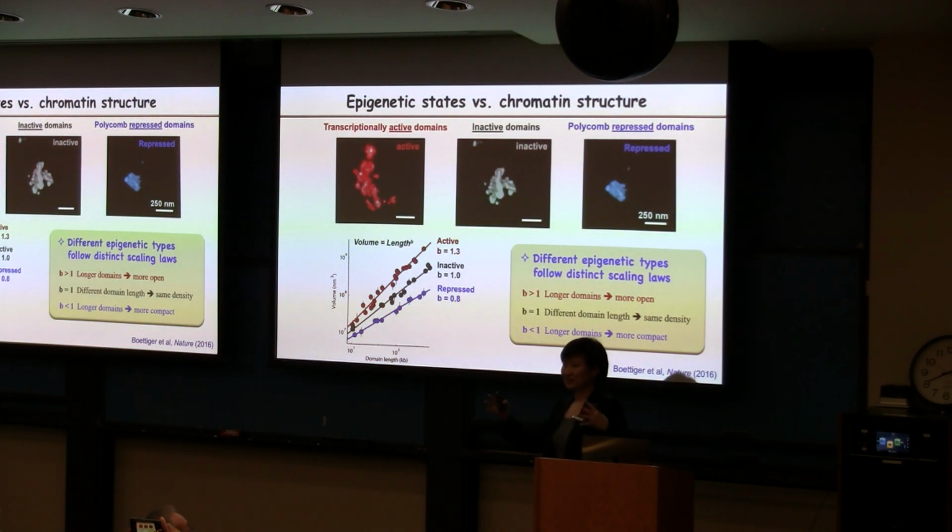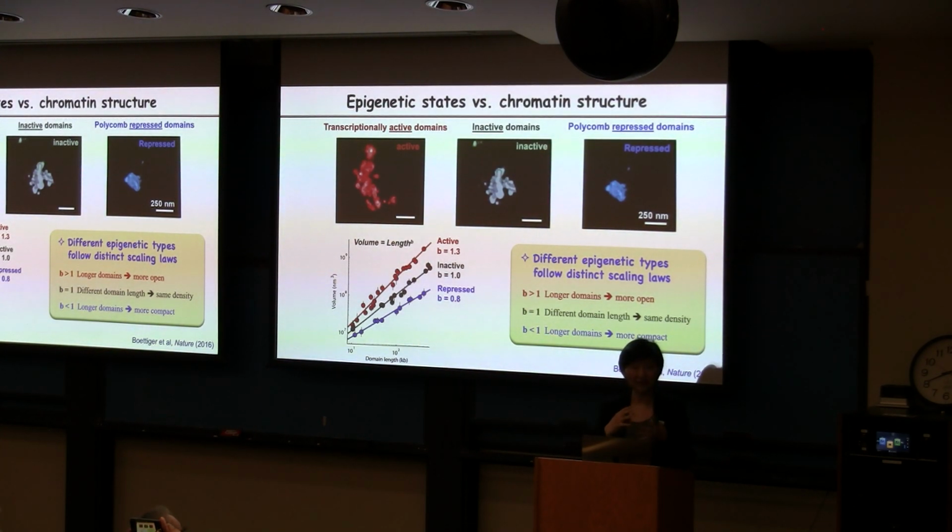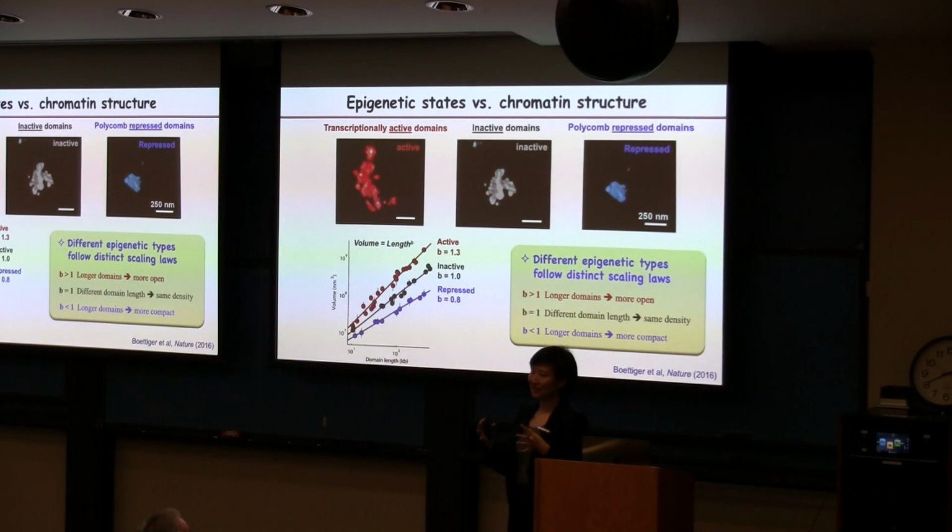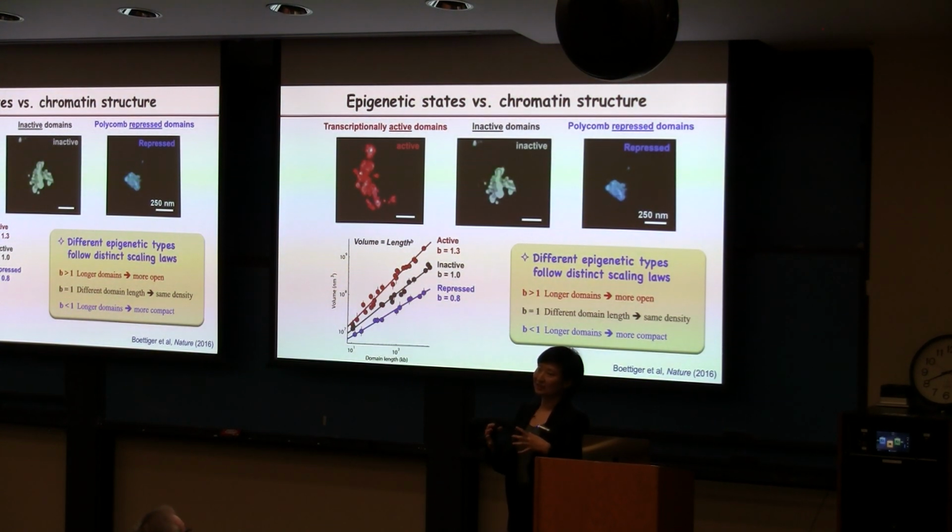It means the bigger the domain gets, the more compact and tightly packed it is. So he used to refer to this as a magic suitcase that you can pack well. But I think the reason that he likes it so much is because it also has a strong biological implication, because this compaction is a good mechanism for preventing the transcription factors and polymerases from getting there to induce transcription.